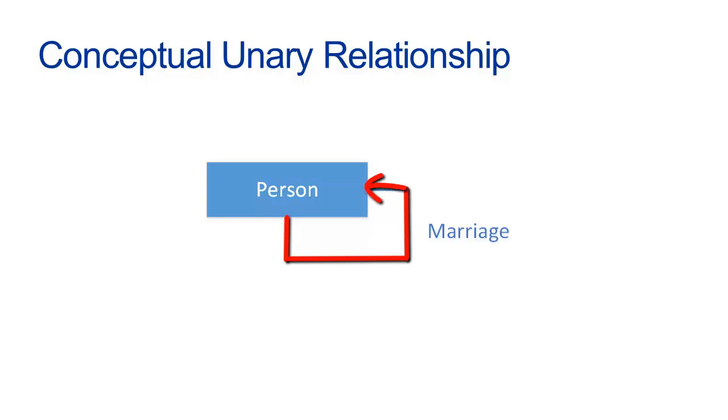What we can infer from this diagram then is that a person can be married to another person. The possibility exists for instances of the person entity to have this marriage relationship with each other. So a person can be married to another person. The person entity is related to itself in a unary relationship.